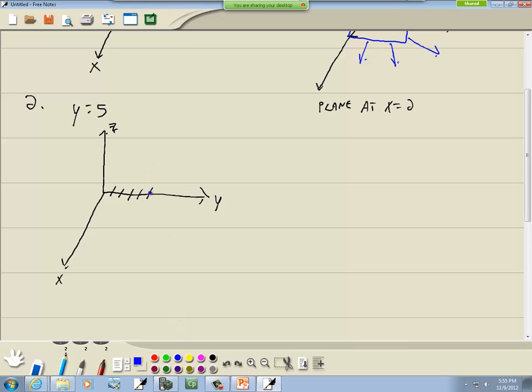So I'm going to have a plane at y is equal to 5. And again, it's going out in all directions, so it keeps going on forever. But y is always equal to 5. So I'm just going to write a plane at y is equal to 5.